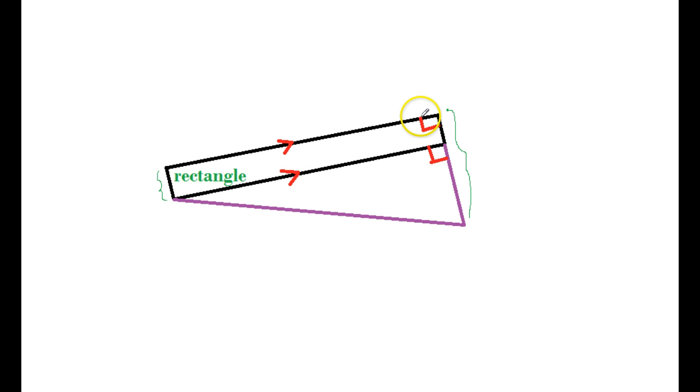So because it was a tangent, this here is a right angle. Because we're told that we're going to draw a parallel line, this is also perpendicular because it's two parallel lines. This one's perpendicular to this line, so therefore this one's perpendicular to this line. So if you notice, what we now have here is a rectangle and a right angle.